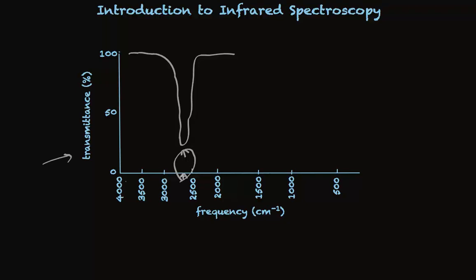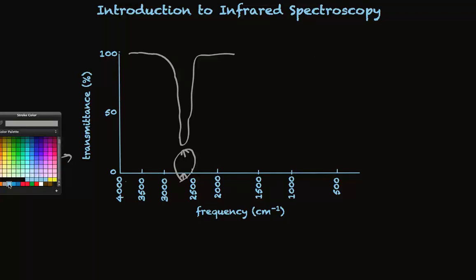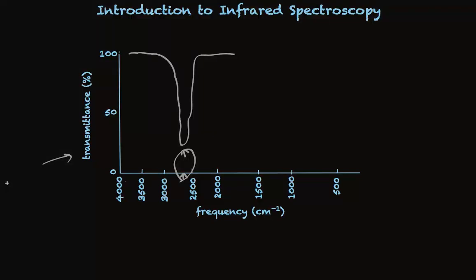In organic molecules, the spring is the bond between two atoms. And the variable that's important is bond strength.